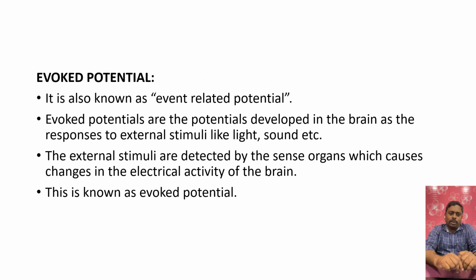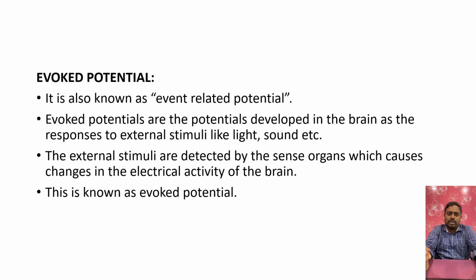Third one, evoked potential. It is also known as event related potential. Evoked potentials are the potentials developed in the brain as the response to external stimuli like light, sound, etc. If you see a light or hear a sound, potentials will be generated in the nerve.